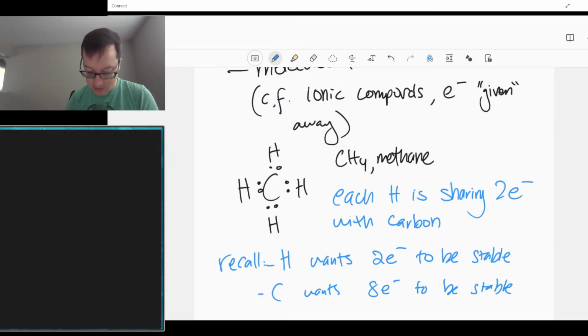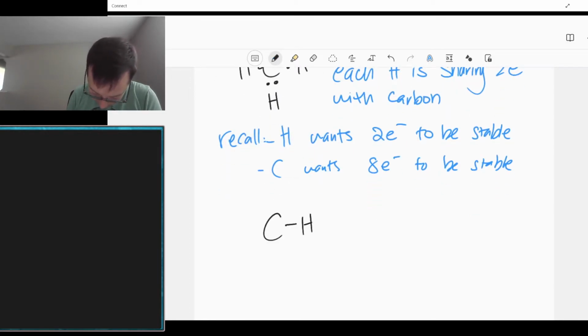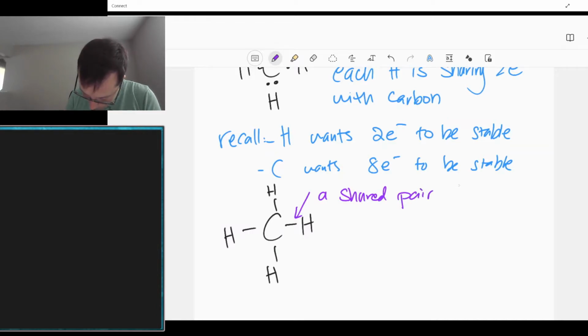And we're going to see that we typically will draw this like this, where these lines here indicate a shared pair of electrons.